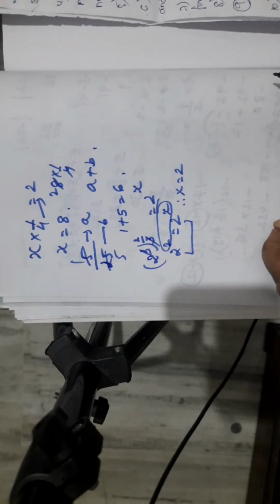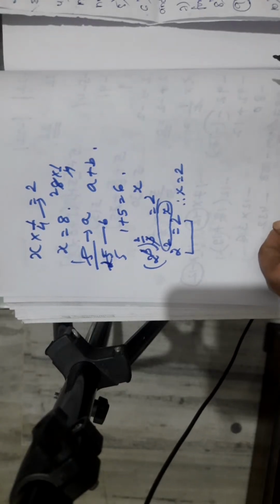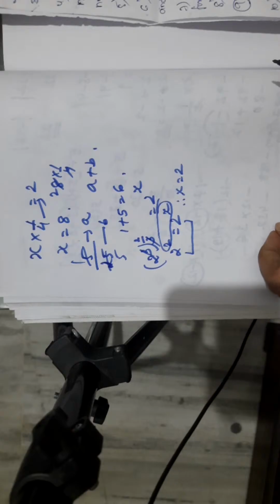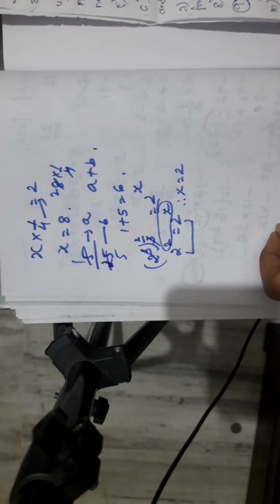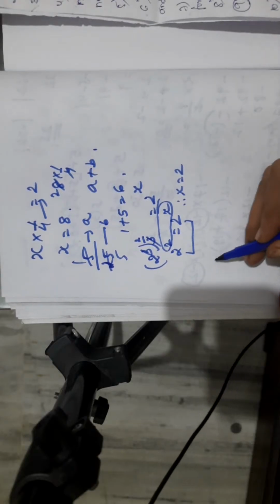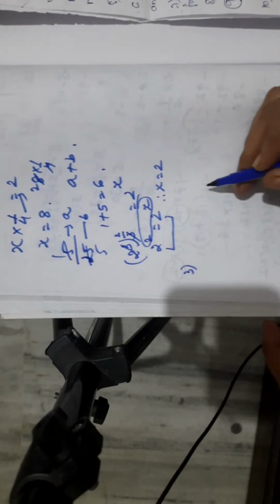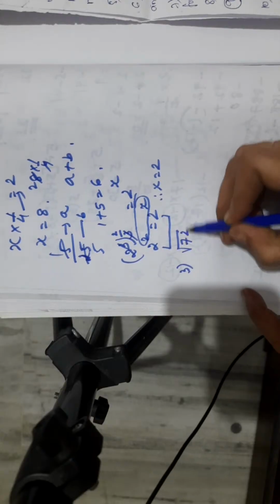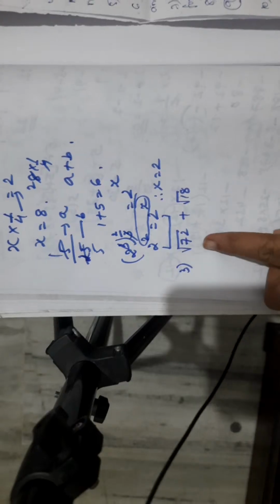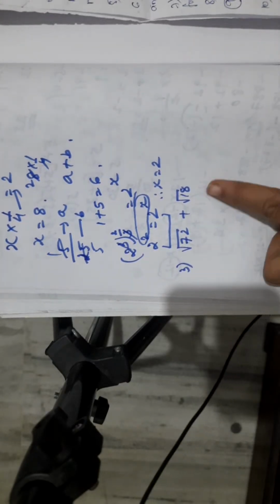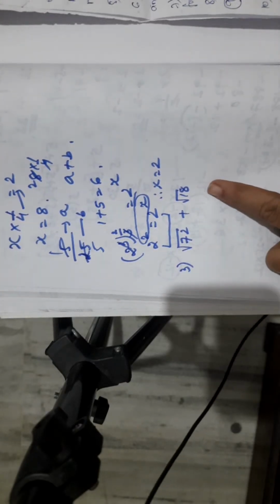Very good, Moksha. Now the next question. Here it's given root 72 plus root 18. Don't get confused. If the numbers are in root, we cannot add them directly unless the root part is the same.